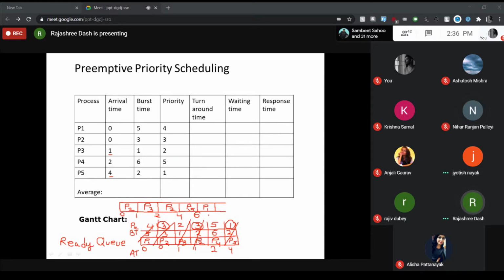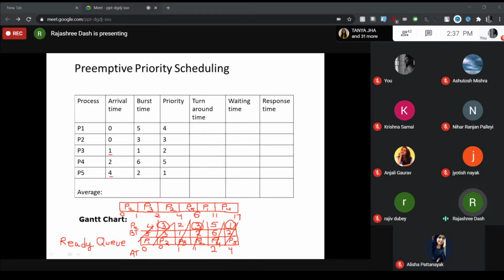After P1, the final one is your P4, which will start at 11 and continue up to 17. Clear?